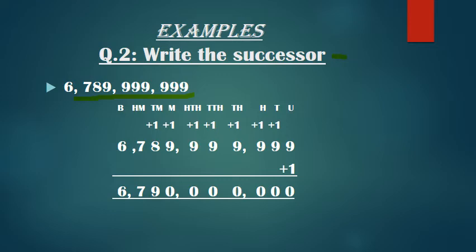We shall add 1 to it because in successor we add 1 to the given number, and the answer is 6,790,000,000. This is the successor of the given number.